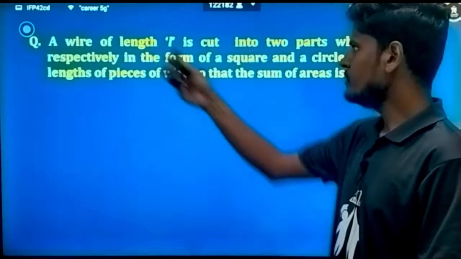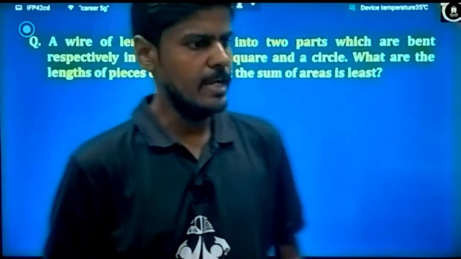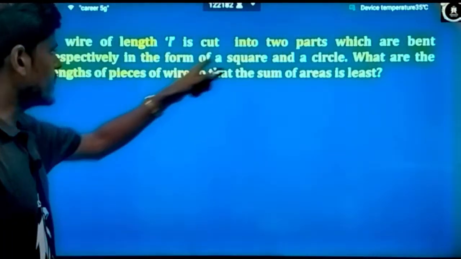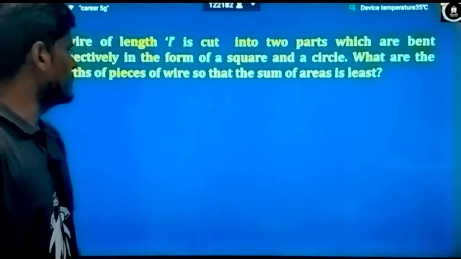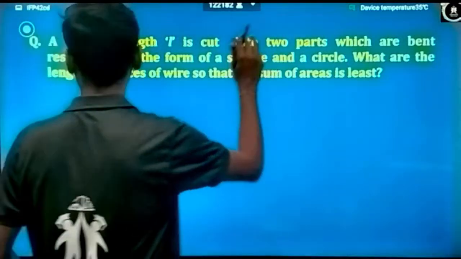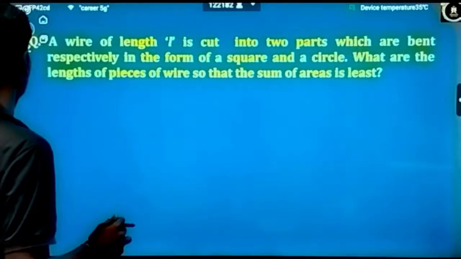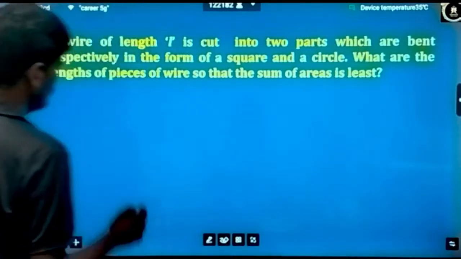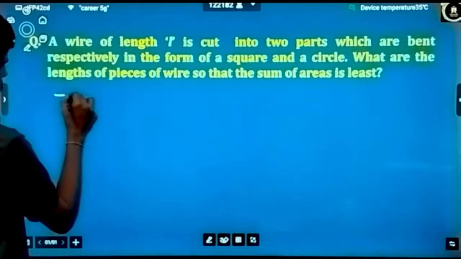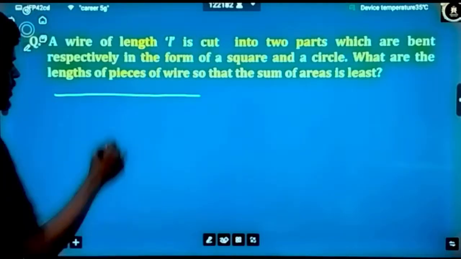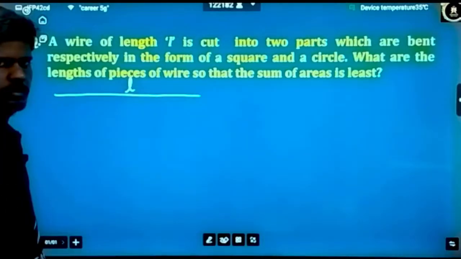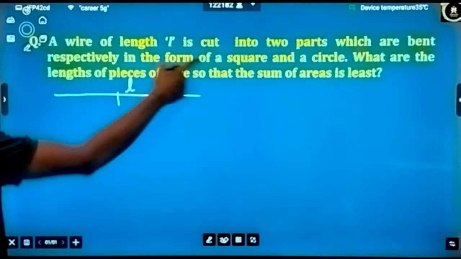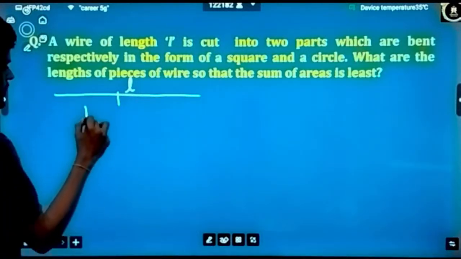Next question. A wire of length L is cut into two parts which are bent respectively in the form of a square and a circle. Okay. We have a wire of length L. This is cut into two parts which are bent in the form of a square and a circle.